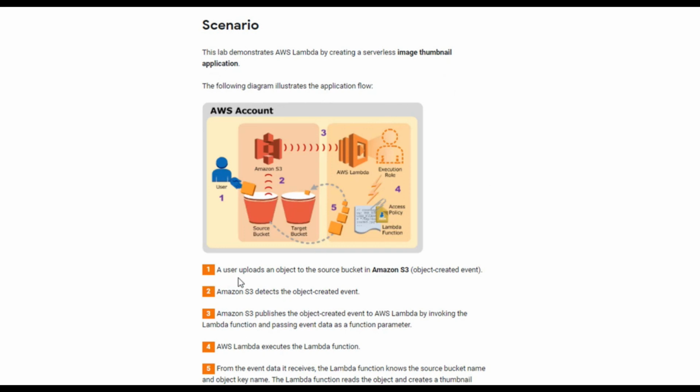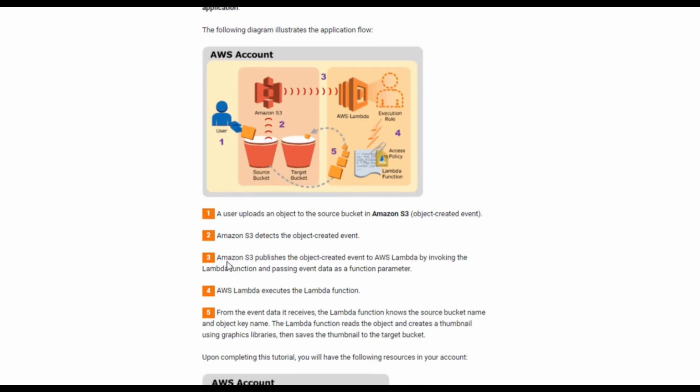First, a user uploads an object to the source bucket in Amazon S3. Second, Amazon S3 detects the object created event. In third, Amazon S3 publishes the object created event to AWS Lambda by invoking the Lambda function and passing event data as a function parameter.